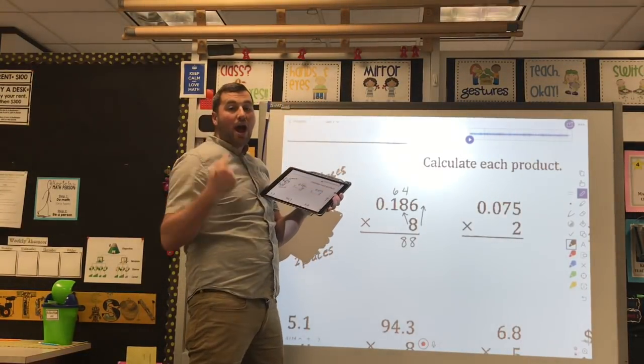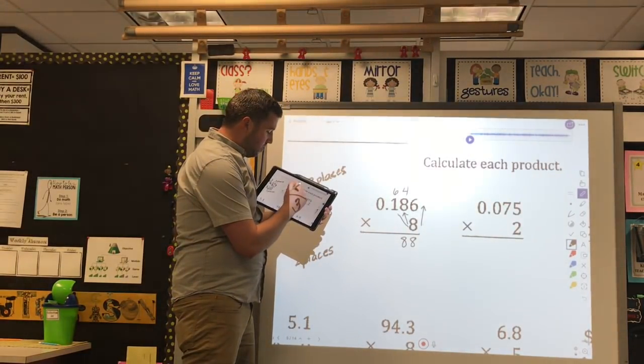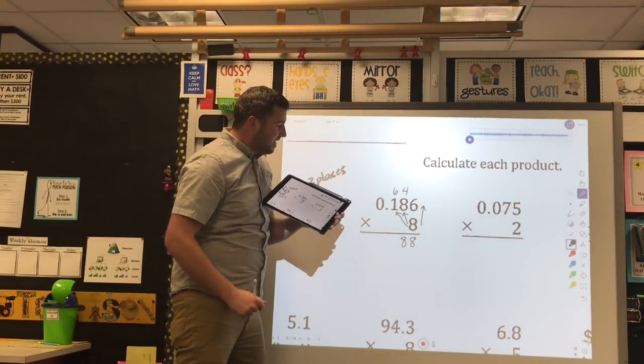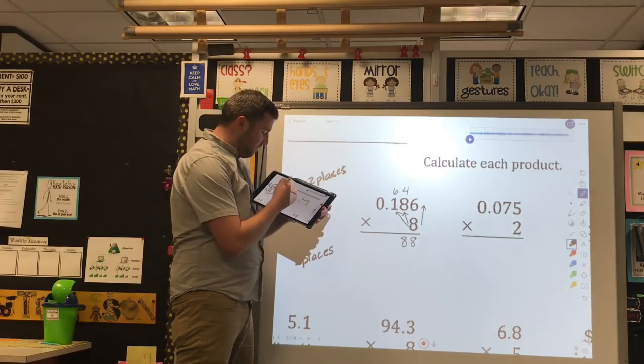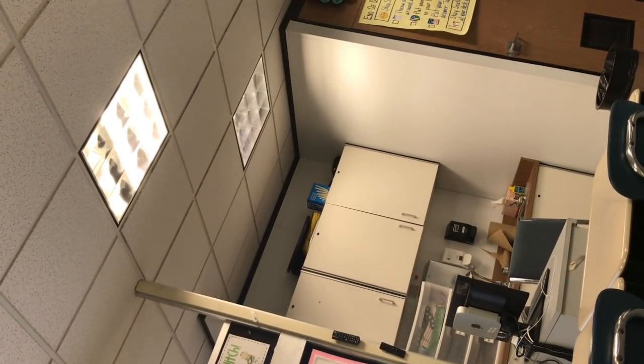Regroup to the next problem. 8 times 1, add the regroup. 8 times 1 is 8. Add the regroup. 9, 10, 11, 12, 13, 14. Regroup to the next problem. 8 times 0, add the regroup. 8 times 0 is 0. Add the regroup, and you get 1.